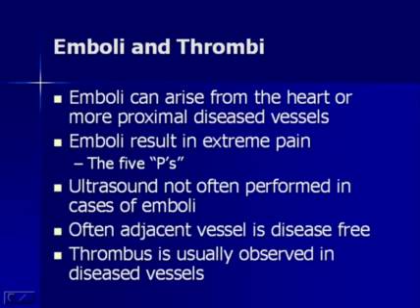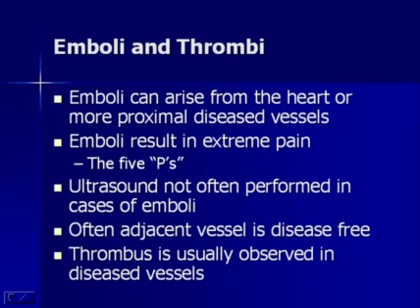As I said, emboli and thrombi we don't often see. Emboli can arise from the heart or maybe from ulcerative plaque more proximal to the area that we're evaluating. Because it's an acute event, we usually get pretty severe pain. Acute arterial ischemia results in the 5 Ps: pain, pallor, pulselessness, paresthesia, and paralysis. Some folks talk of a 6th P, poikilothermia, which means coolness.